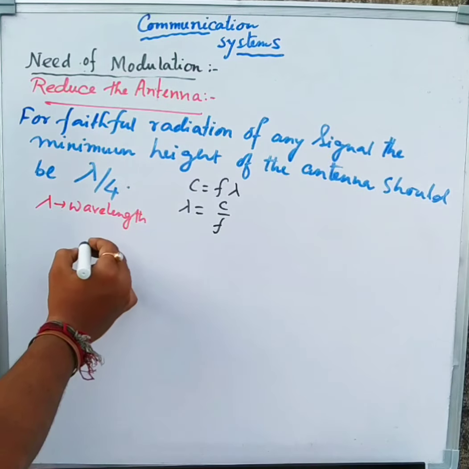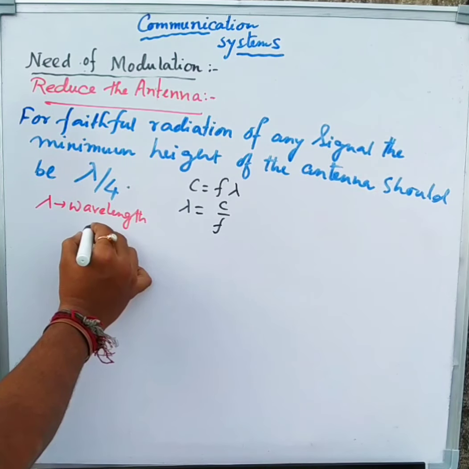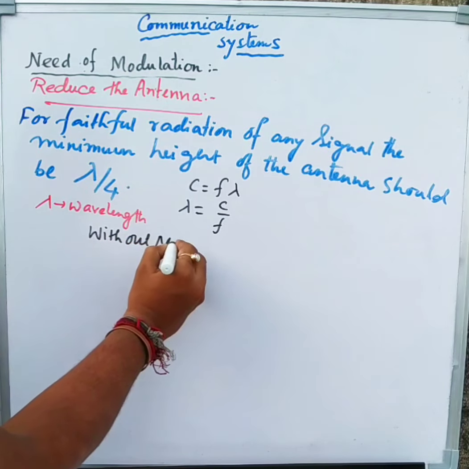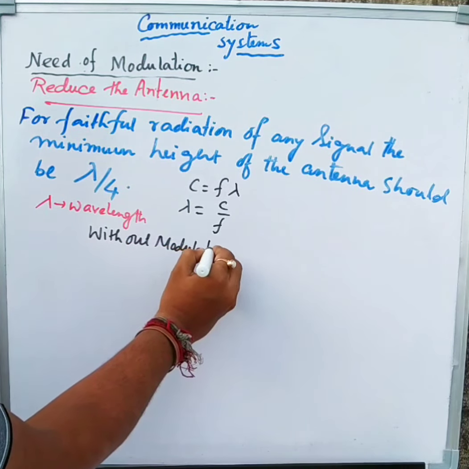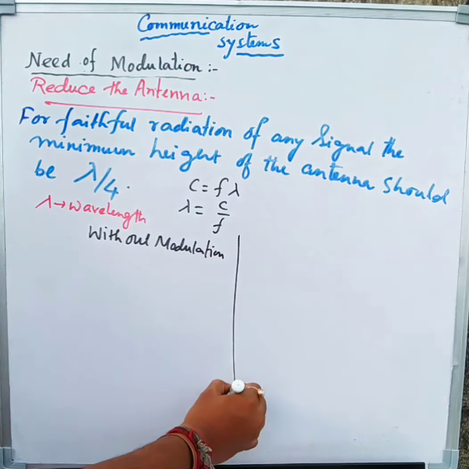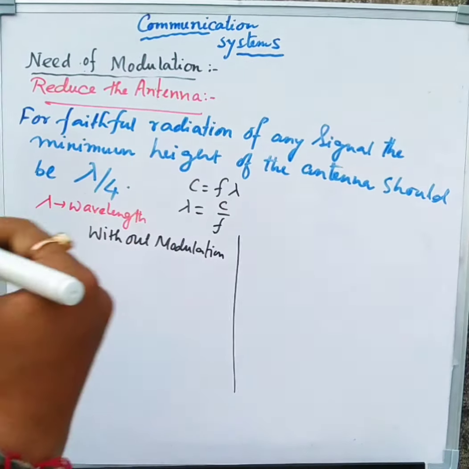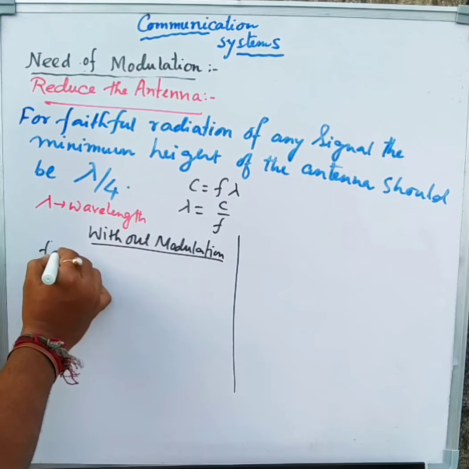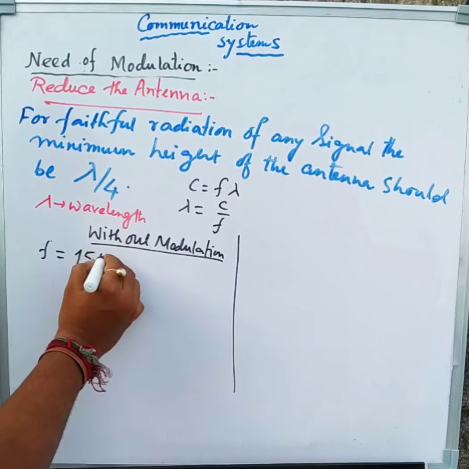Now I want to explain with modulation and without modulation. The first one is without modulation. Without modulation means you want to transmit a message signal directly through free space. So without modulation, the frequency of the message signal, let's say, is around 15 kilohertz.